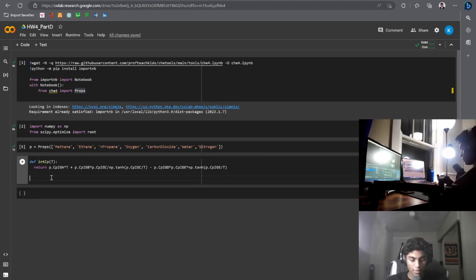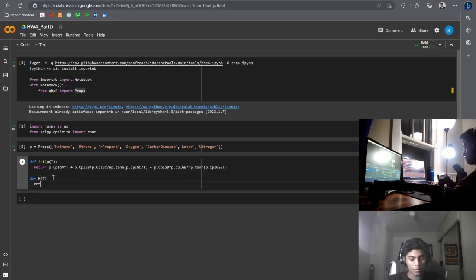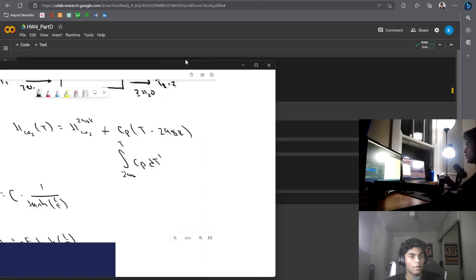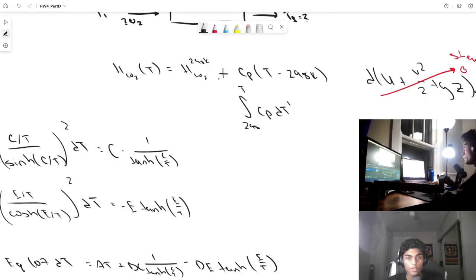Now for the second one, which is going to be our enthalpy, we're going to return the heat of formation. So the heat of formation of the ideal gas, P dot heat of formation of the ideal gas. And then let me pull up my whiteboard. Earlier I had made a mistake where this used to be a minus.